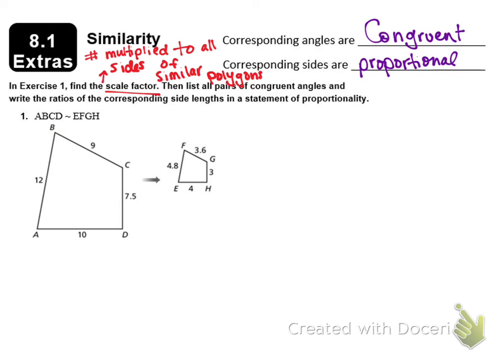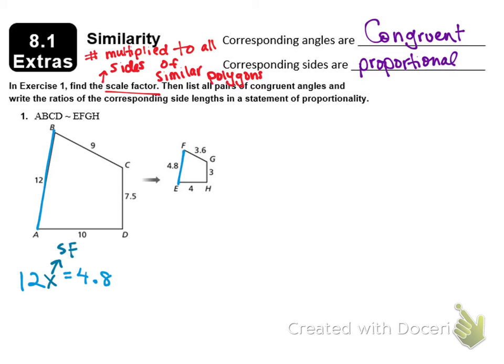So pick a side off of this first figure. He said BA, which is 12. What does BA correspond with on the second figure? FE. So 12 times the scale factor, we don't know it, so we call it X, it represents the scale factor, gives me a side length of 4.8.